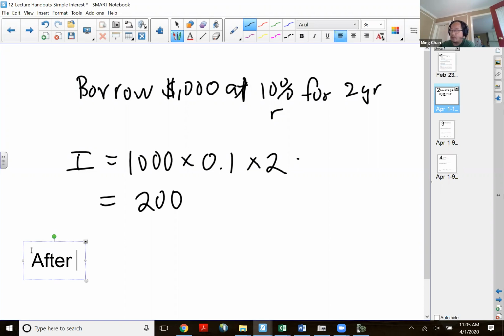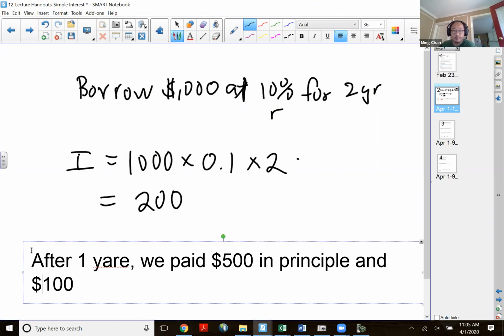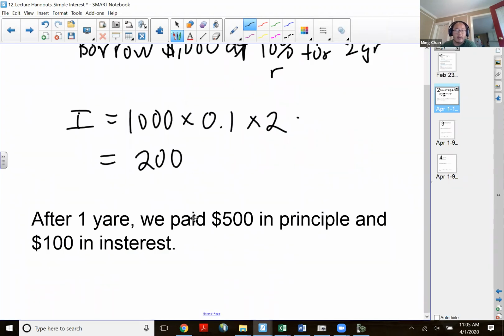Let's say after 1 year, we paid $500 in principal and $100 in interest. If I already paid $500 in principal, that means I still owe $500. If I already paid $100 in interest, that means I still owe $100.